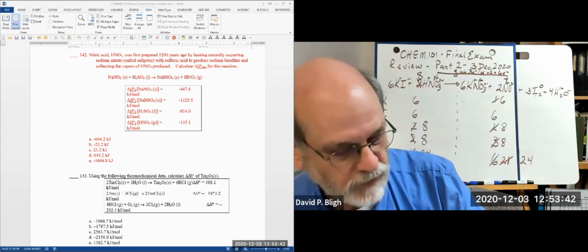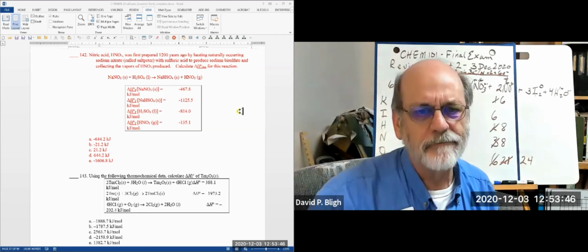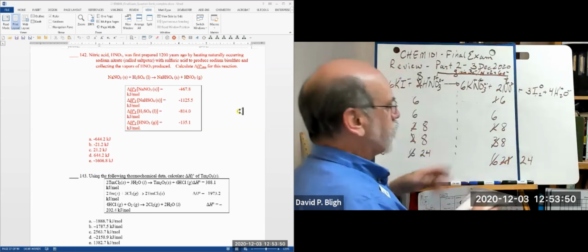So that one doesn't have a number, because for some reason it got left out of this document. Now we'll go back to the document.